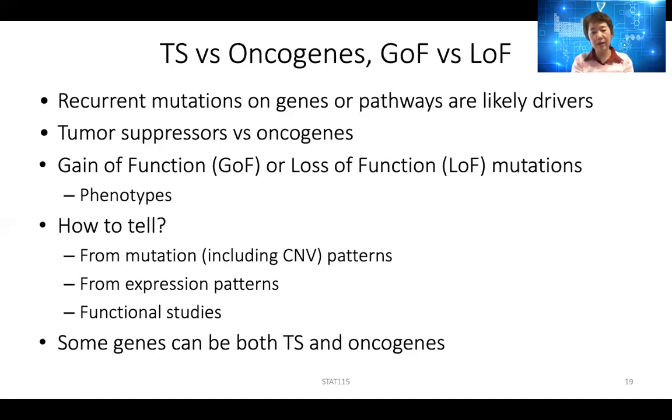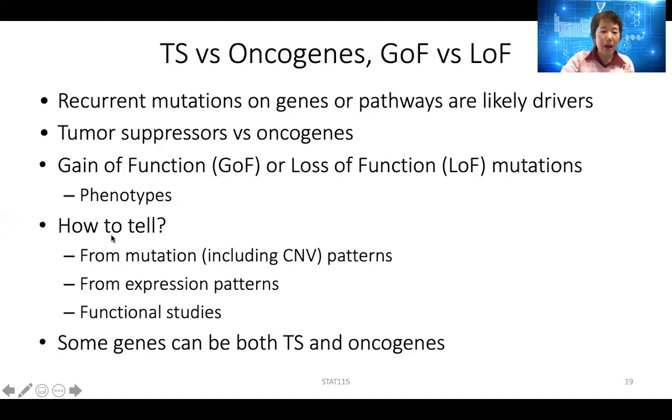With a mutation, now it can just keep growing without outside hormone signals. That's a gain of function mutation. A loss of function mutation instead is if this gene is normally expressed to suppress the cancer from uncontrollable growth, and suddenly this gene is lost, then the cell can keep growing.